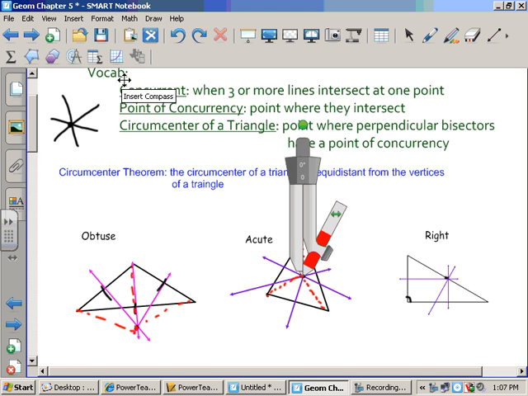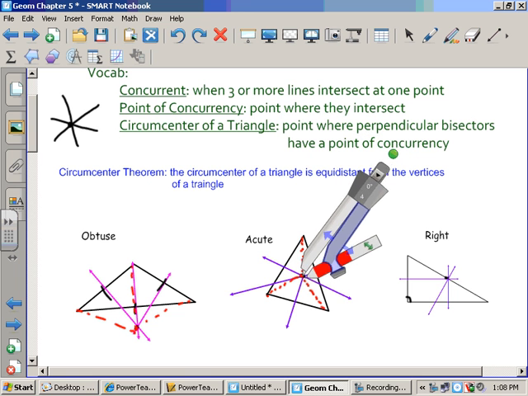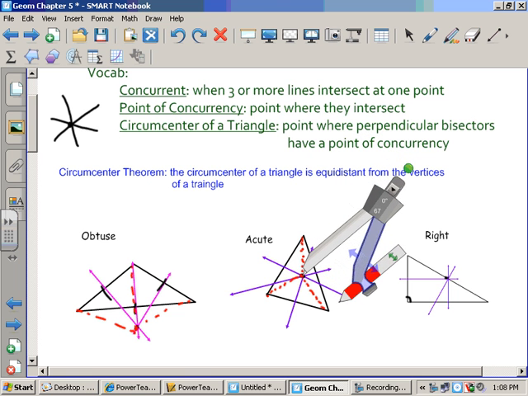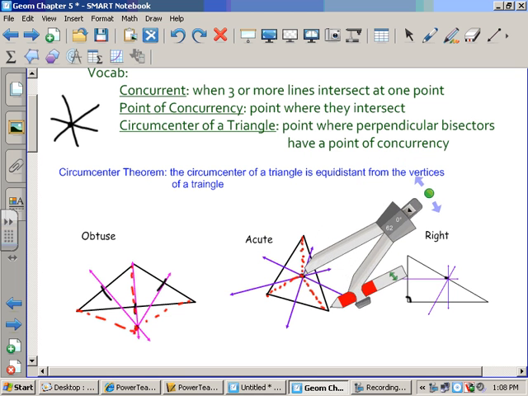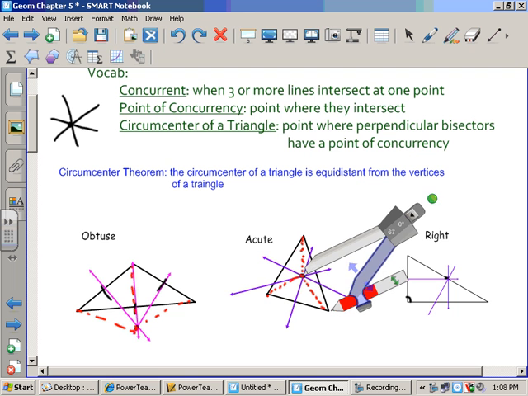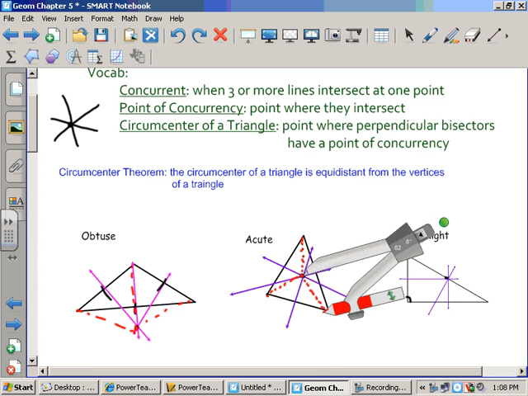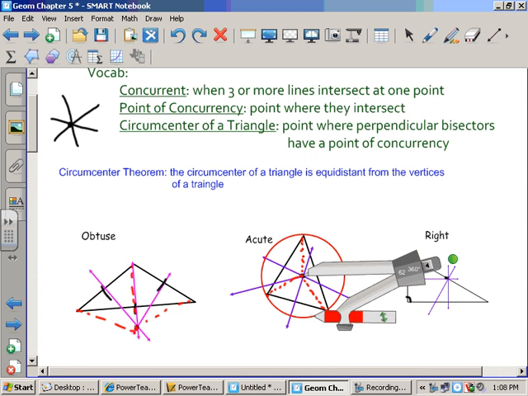And if you put your compass right in the point of concurrency, get it right on there, and open up your compass to that exact position here, and you draw a circle, we say that circumscribes the circle.